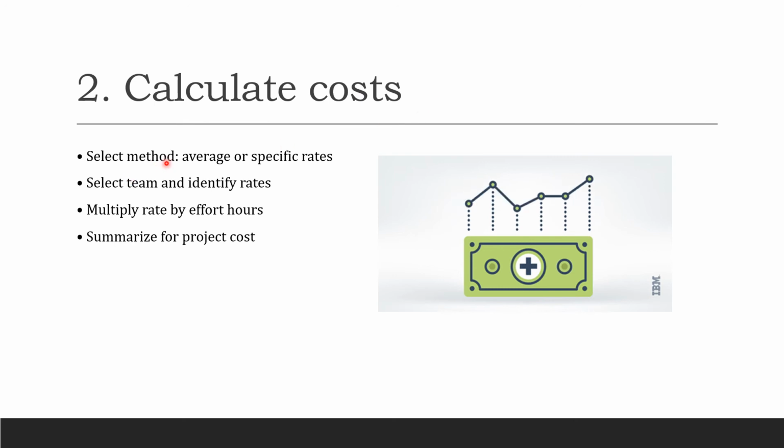Selecting a method is like, you can choose a method you're familiar with or what you like, and usually it is the average method or specific rates that you're gonna play with in your project. And then again, you're gonna choose people, and then you're gonna identify their wages for your team, and then you're gonna multiply the rate with your effort hours.